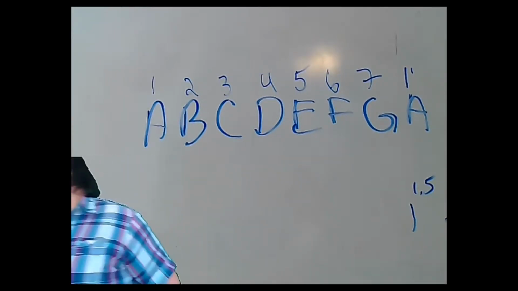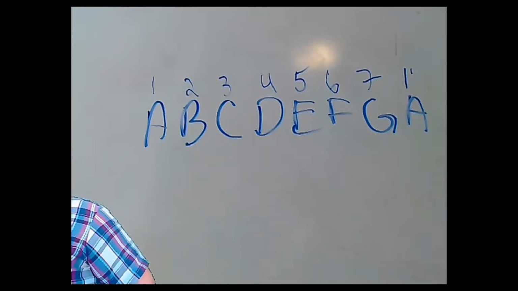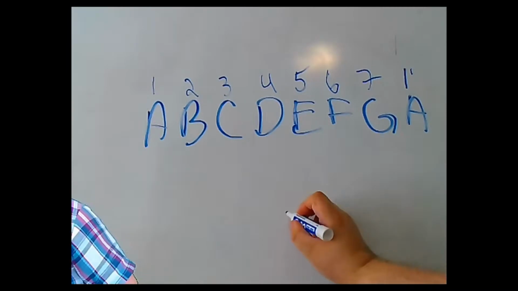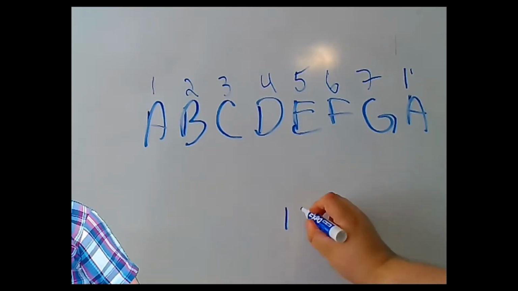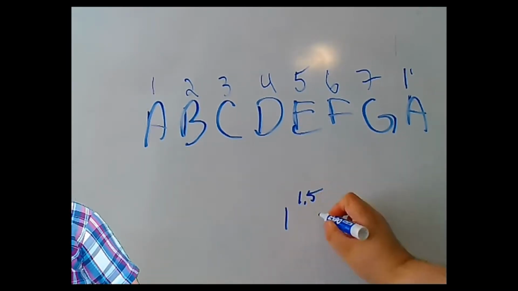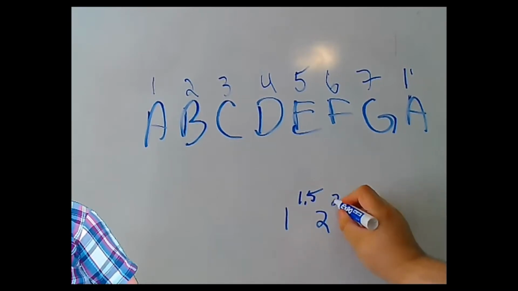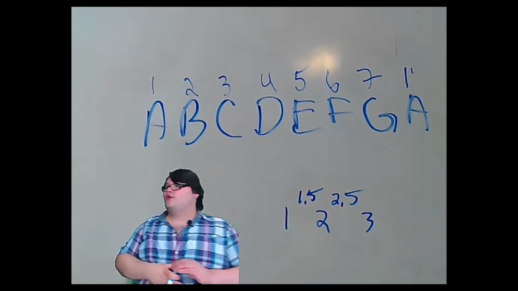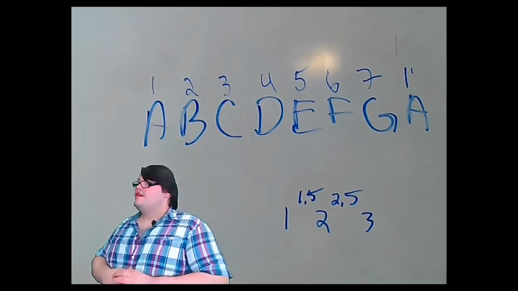I did not write that correctly. Let's try this again. So we have 1, 1.5, 2, 2.5, 3. So we have those, and we have this.